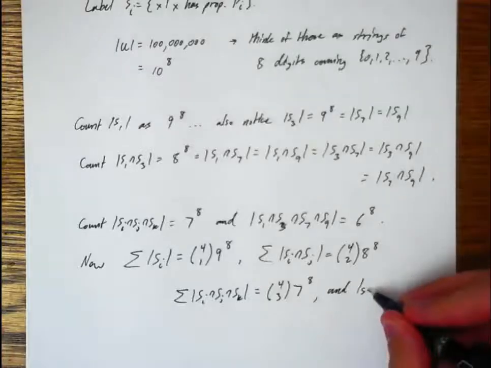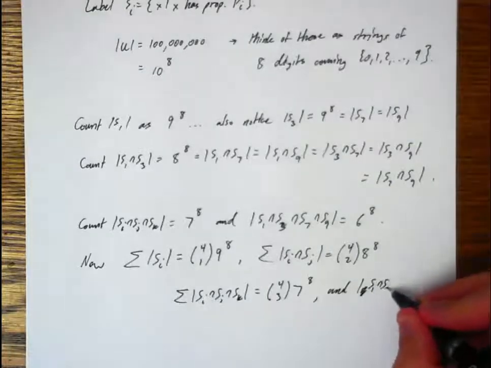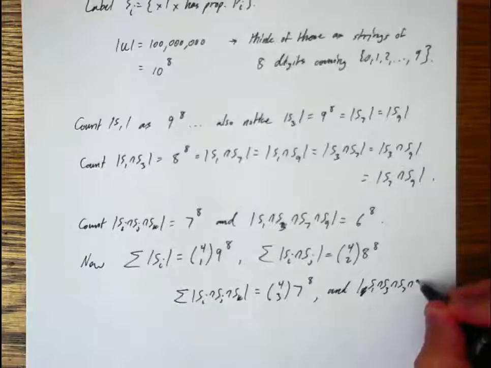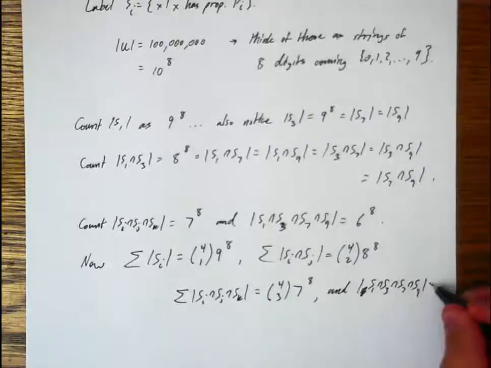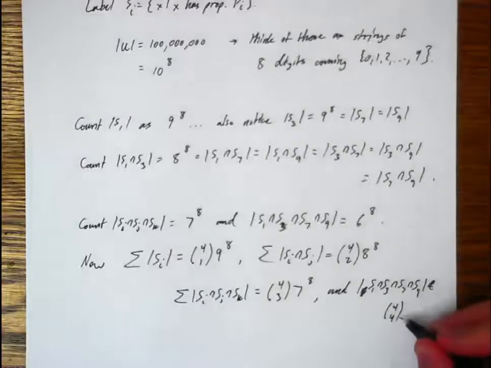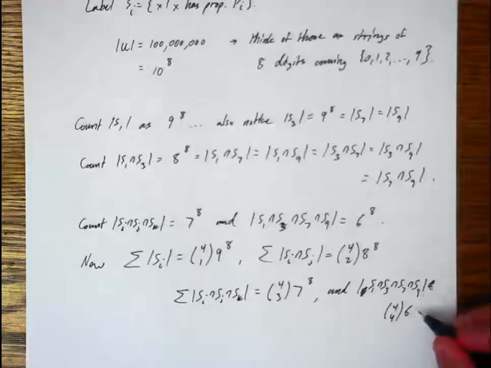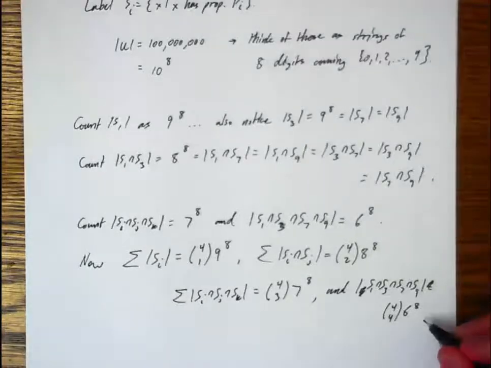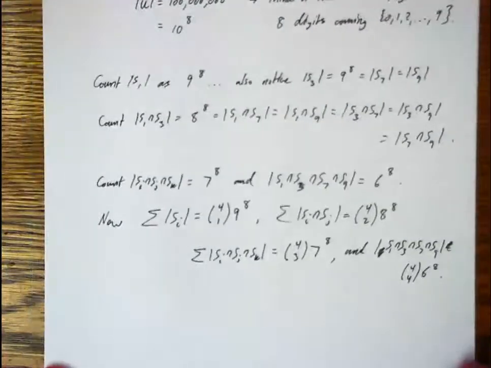And my quadruple intersection, S1, S3, S7, and S9 together. Well, there's only one way to choose that. So there's 4 properties, 4 choose all 4 of them, and I'm going to count that one set as 6 to the 8th.